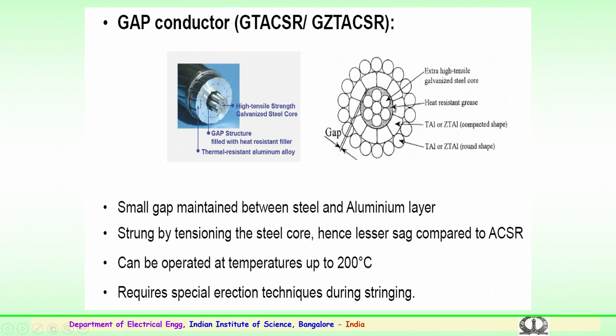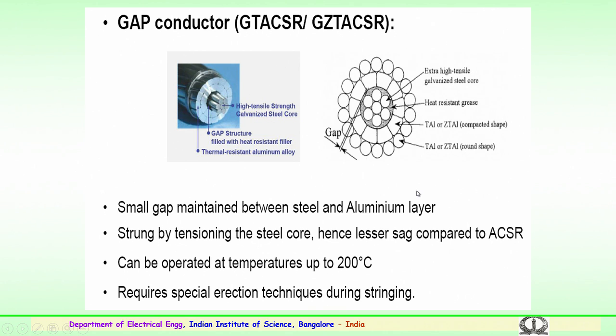Followed by that is a heat resistant grease which surrounds it. Then the compact size conductors are placed, and finally the round type of conductors are at the periphery. So, you can see the high tensile strength galvanized steel core and a gap structure, and finally you see a small gap in between, where this gap structure is basically filled with heat resistant filler.